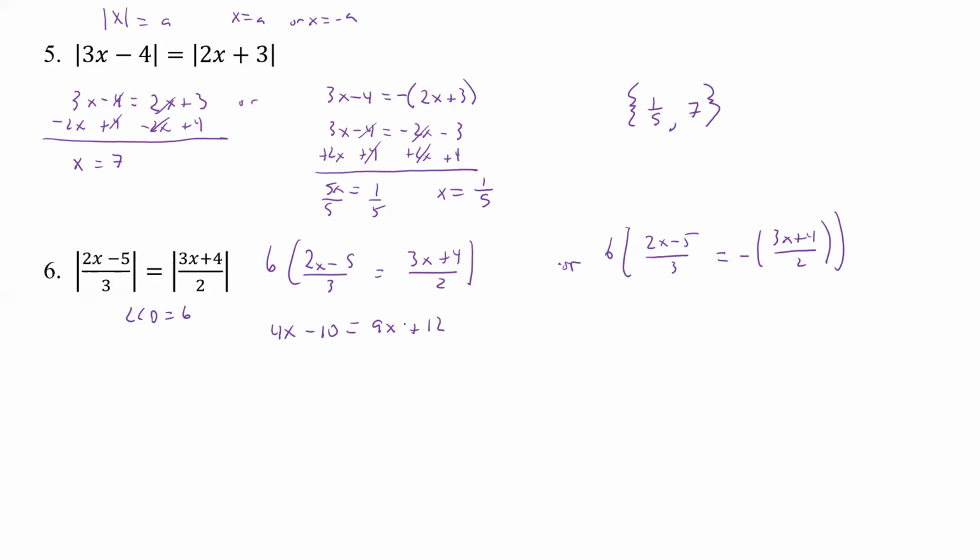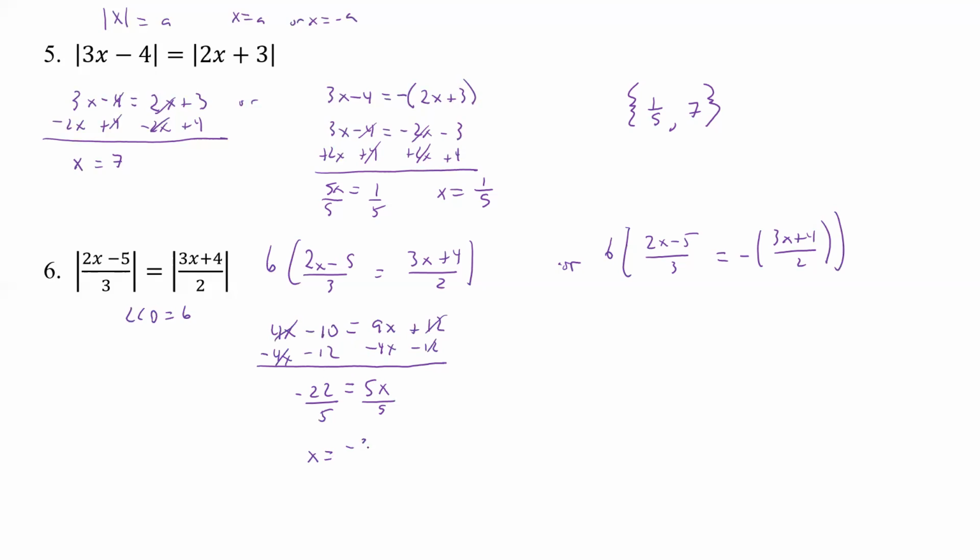Okay. Now, maybe this time we want positive x's, so let's subtract 4x here, and let's subtract 12 here. So when we do that, that's gone, that's gone. So we have minus 10 minus 12 is minus 22 equals 9 minus 4 is what? 5x.